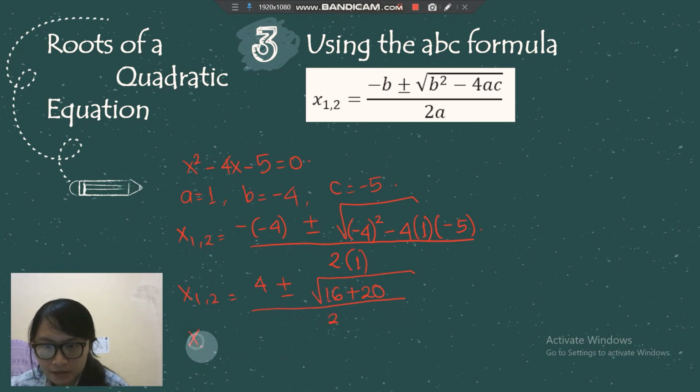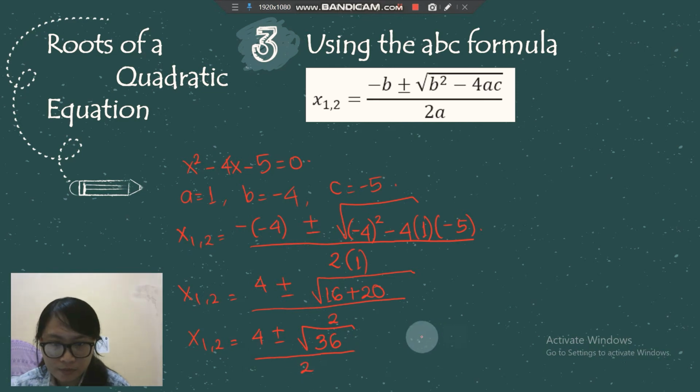So x1,2 equals 4 plus minus square root of 16 plus 20 equals 36, divided by 2. So x1,2 equals 4 plus minus square root of 36 equals 6, divided by 2.